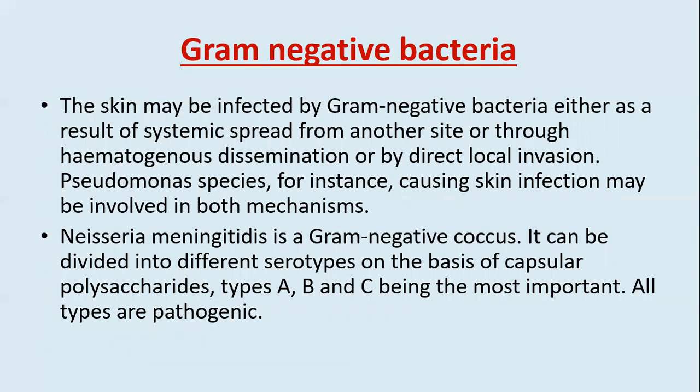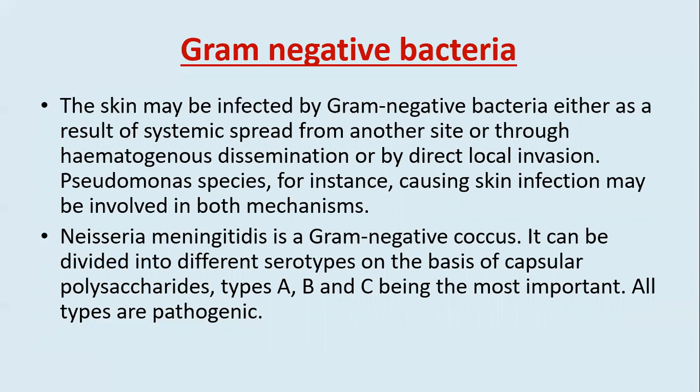Then gram-negative bacteria. So far, we were discussing different gram-positive bacteria, which were gram-positive cocci like strep and staph, then gram-positive rods like Corynebacterium, Propionibacterium, anthrax bacilli, and Clostridium.